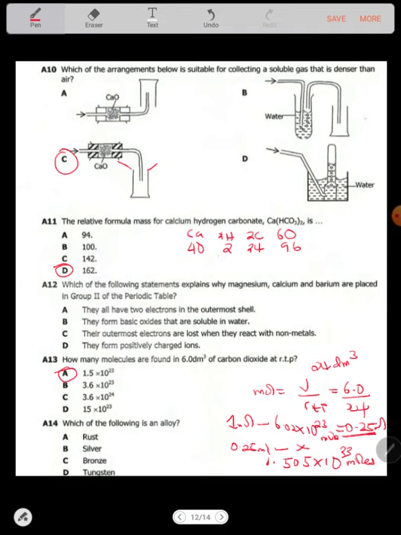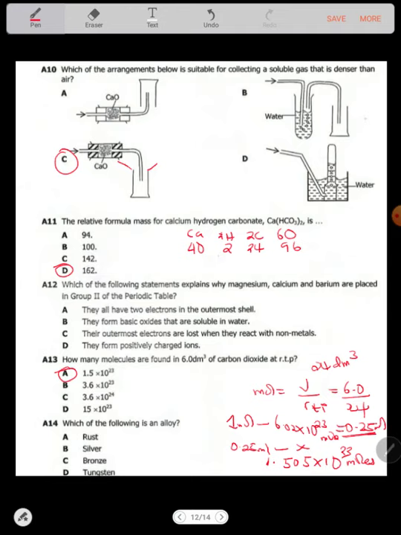Which of the following is an alloy? Now, let me tell you a secret when it comes to chemistry. Once you forget what that word means, you are gone. So, for example, when they ask what an alloy is, if you don't know what an alloy is, you are likely to black out on your answer. An alloy is a combination of two or more metals.